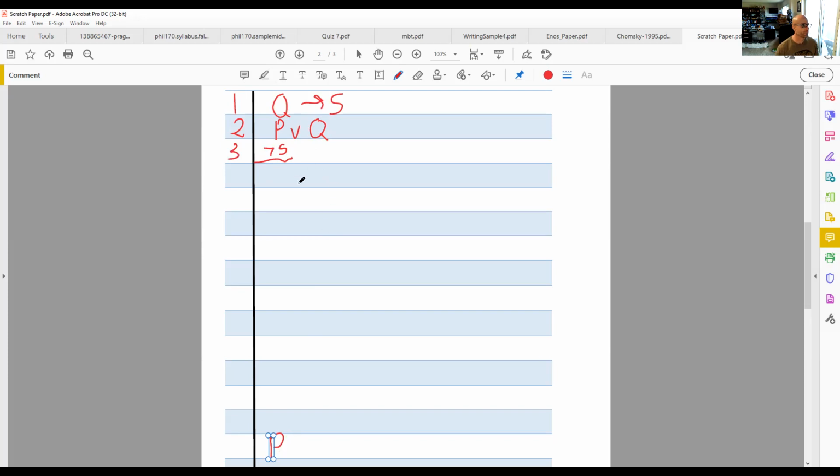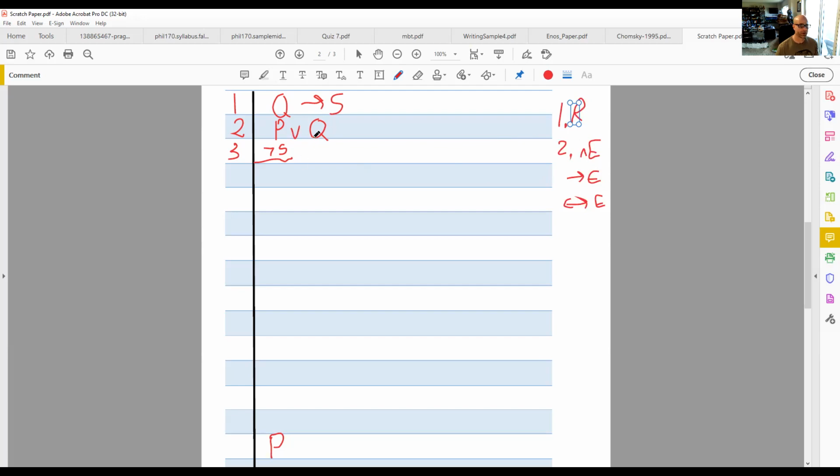Now, there's no direct way to get to P. The first thing you always want to check is, can you get it by reiteration? We obviously can't do it by reiteration. The second thing you want to check is whether you can use any of the non-subproof rules, in particular these three elimination rules. And we're not in a position to use any of those.